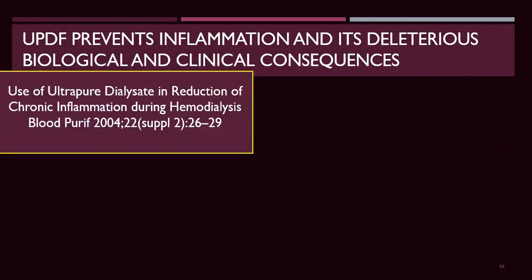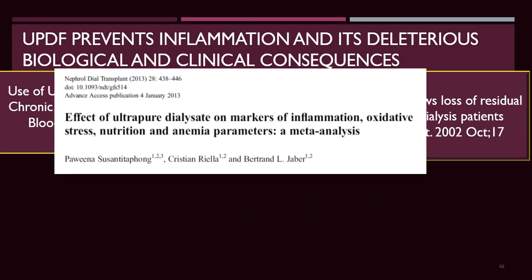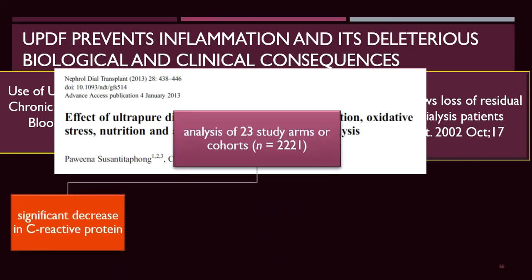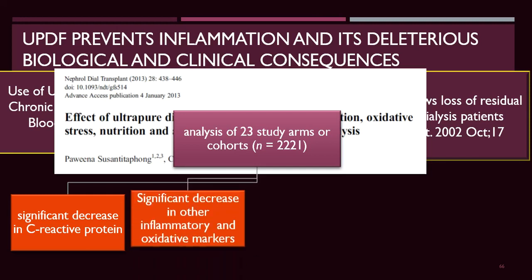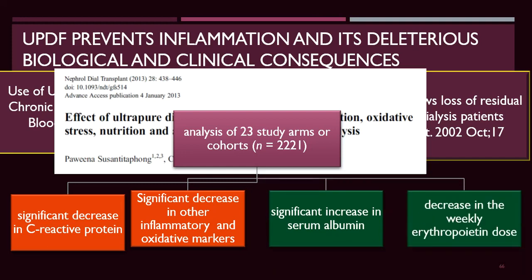There are a lot of clinical outcome publications on the effect of ultra-pure dialysate on markers of inflammation: decrease in C-reactive protein, decrease in other inflammatory and oxidative markers, significant increase in serum albumin, and decrease in the weekly erythropoietin dose.